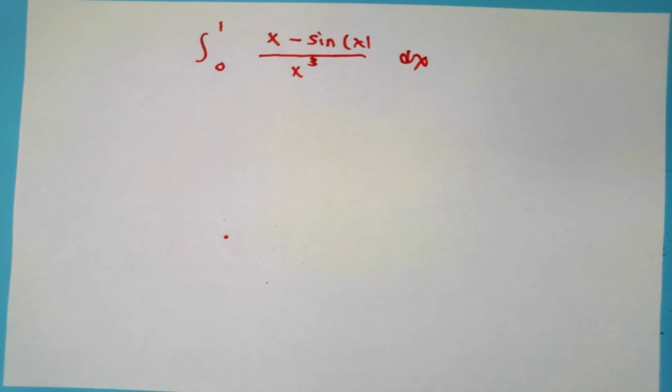I'd like to apply our ideas of infinite series to calculate this integral as an infinite series of numbers. The observant will notice that there's a small problem with that integral in the sense that at x equals 0, the integrand is not defined.